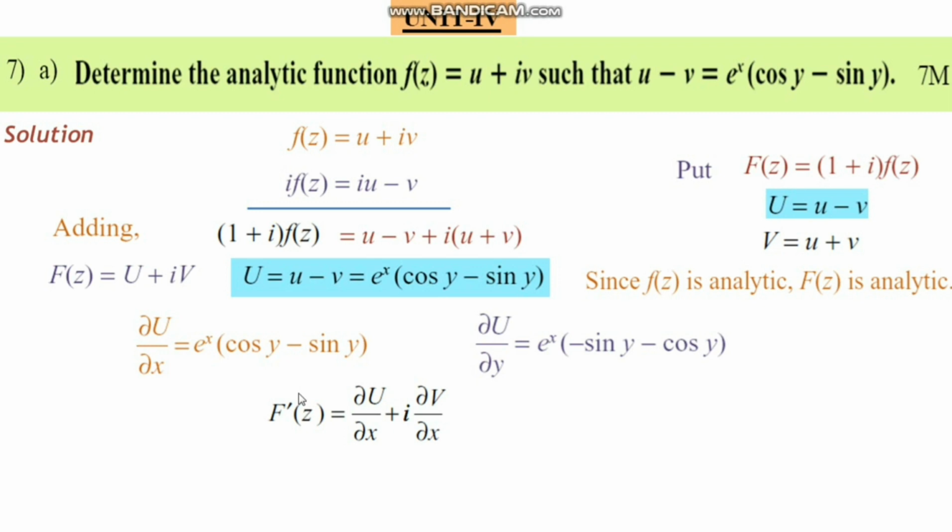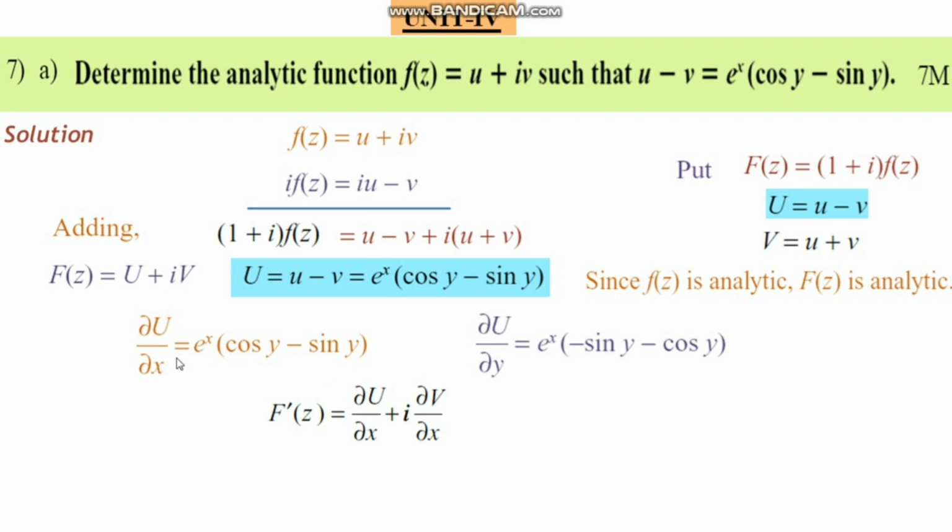We consider the first derivative of this function partially with respect to x. We have F'(z) = ∂U/∂x + i ∂V/∂x.